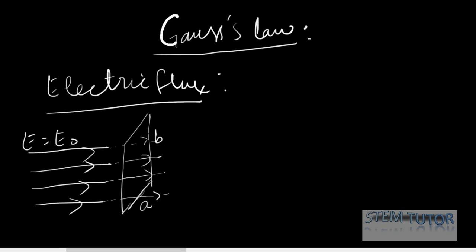Okay, and then what would happen if you rotate it at some angle like this? Then the electric field lines that are going through this rotated rectangular sheet are going to decrease, right? Because these electric fields down here are not going to be going through this rectangular sheet.